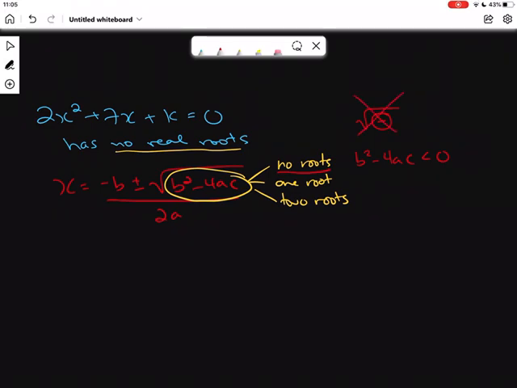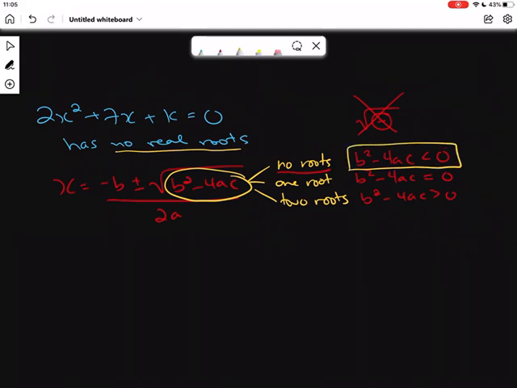That will give me something that's undefined. So I want b squared minus 4ac to be less than 0. If I wanted one root, I would want b squared minus 4ac to equal 0. And if I wanted two roots, then I would want b squared minus 4ac to be greater than 0. In this case, we're looking for no real roots. So we are going to have to focus on this one here.